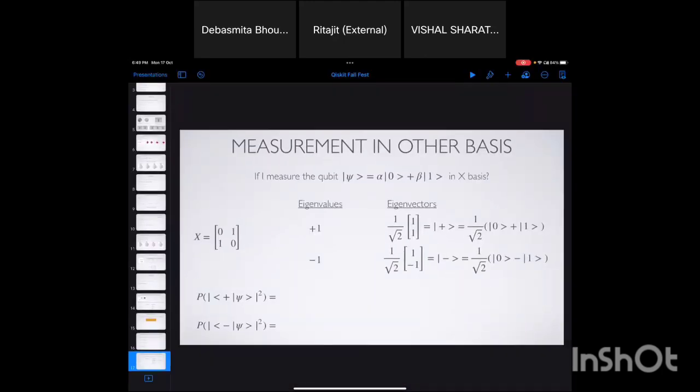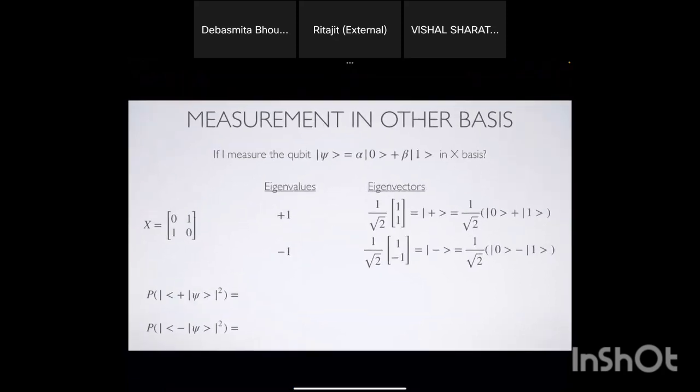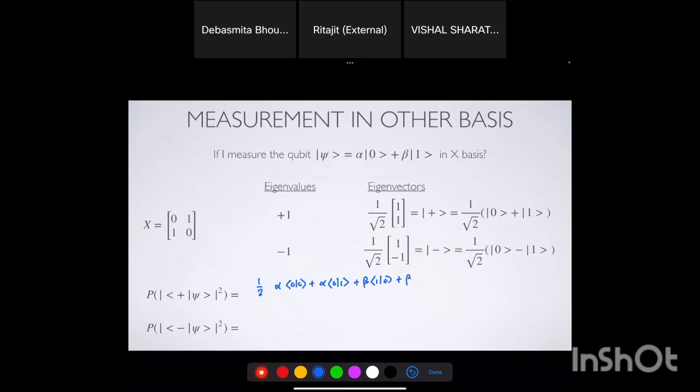And what we have already seen, we had taken half out. So again, these 0,1 terms are giving inner product of 0. So we are left with half mod alpha plus beta whole square.